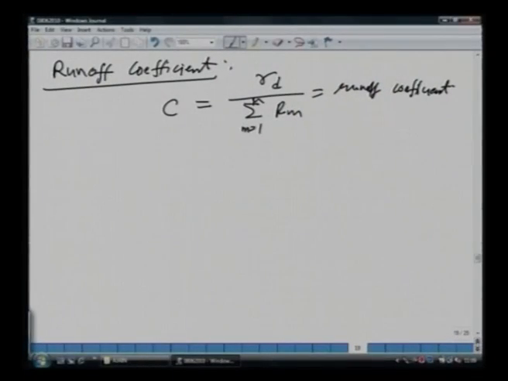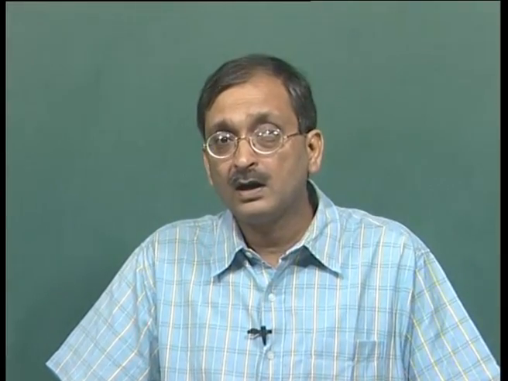For the W index also you need that. For the runoff coefficient also you need to find the runoff depth RD, and for that you need the flow data. This kind of approach is not suitable when you do not have the streamflow data. So, what we are going to do next is look at a very comprehensive and robust method of accounting for abstraction when we do not have the flow data.